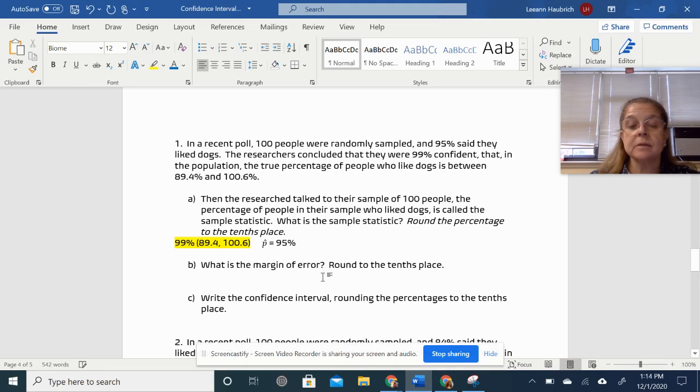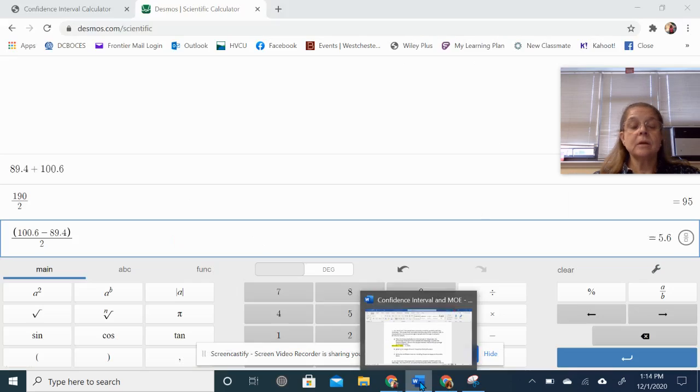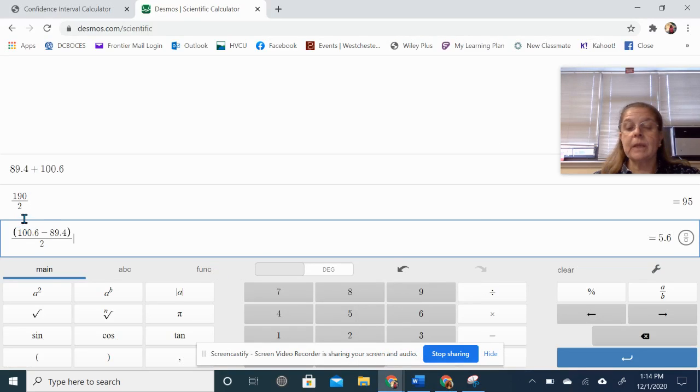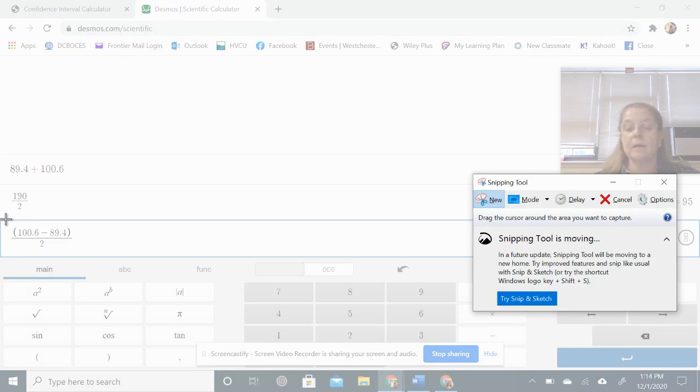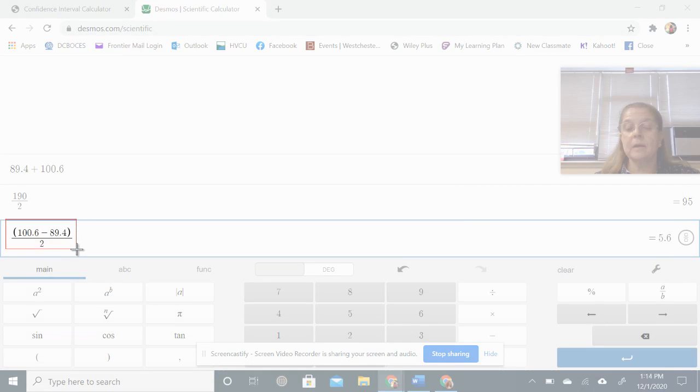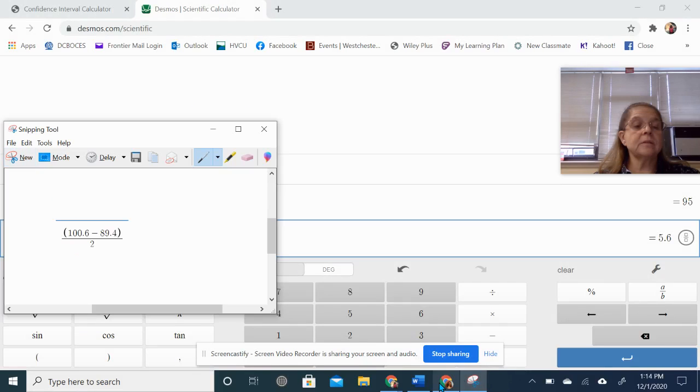So if I wanted to show you the work, I would just highlight this. And I know that this is going to equal 5.6.